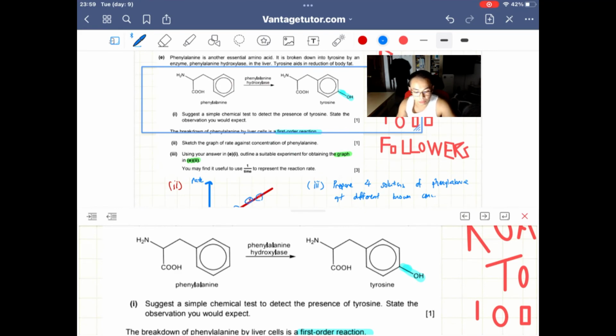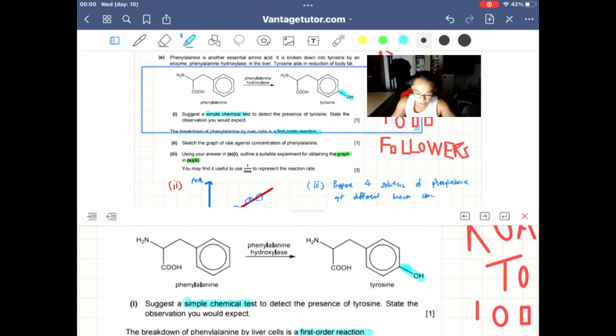So as long as I know how much tyrosine is present, or rather the moment it fully reacts to become tyrosine, I can more or less know that my phenylalanin has reacted away. So in other words, this experiment revolves around a simple chemical test. Again, let me remind you, you're trying to find out when it becomes tyrosine. The moment it has become tyrosine, that means your phenylalanin has broken down, and therefore that is actually your rate of reaction.